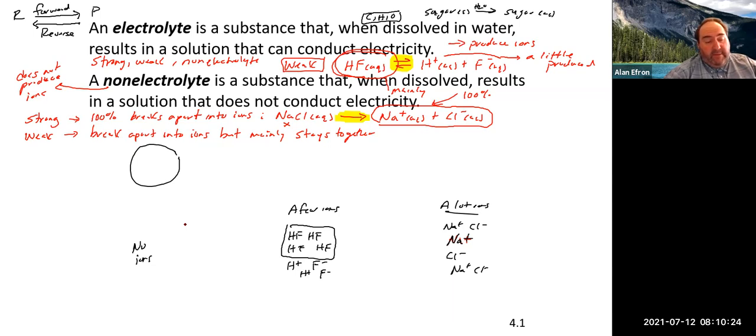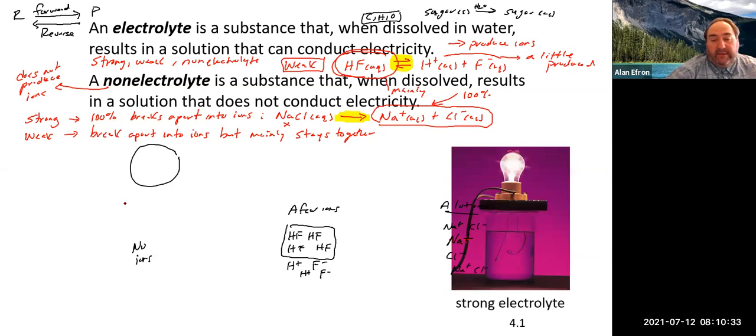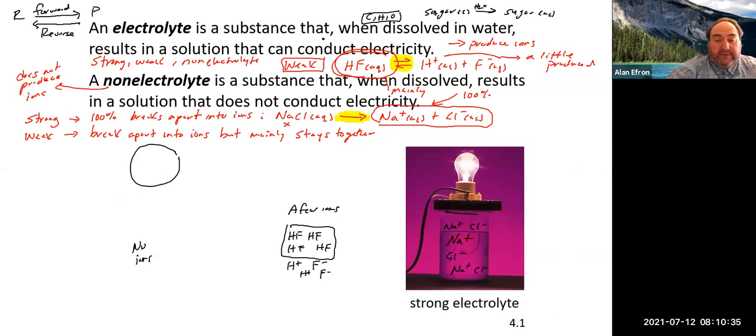A very common example when we talk about electrolytes and electricity is the light bulb example. If we were to look at the light bulb example, it would look like this, where the presence of all those ions in that solution will allow electricity to be conducted really well, and the light bulb will go off very brightly. There are also weak electrolytes, which are reversible type reactions.